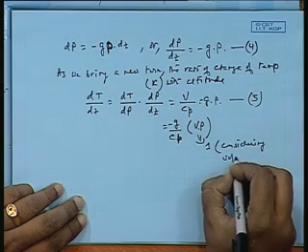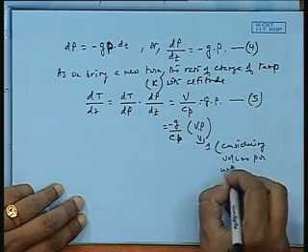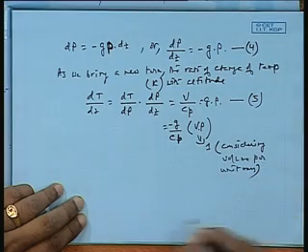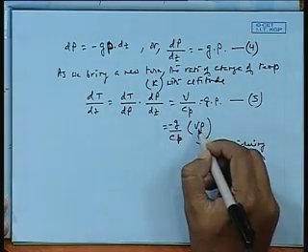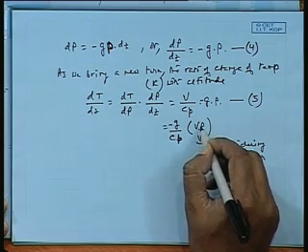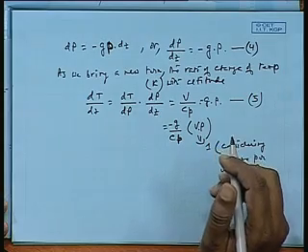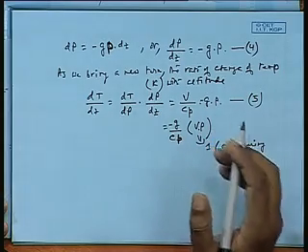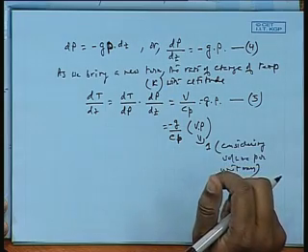Considering volume per unit mass, if you just see this, volume per unit mass multiplied by mass divided by volume, that is rho, so it actually cancels out and is equal to 1. Is that all right?